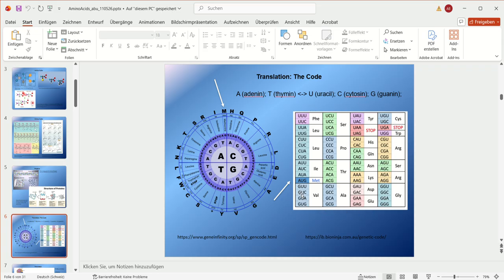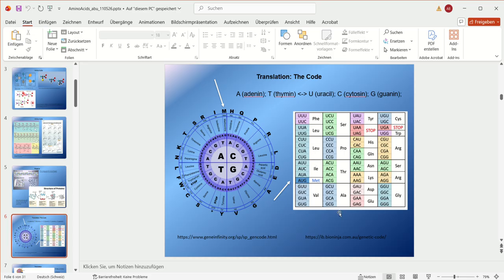Now, this thing is not one-to-one. We have 20 amino acids, but we have 64 possible combinations of these 3 letters. And here you see that often 4 combinations build the same amino acid. For example, here even 6.